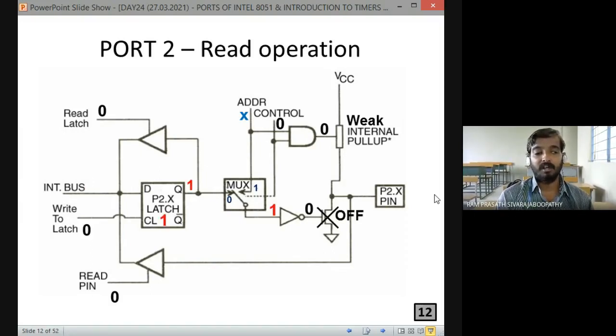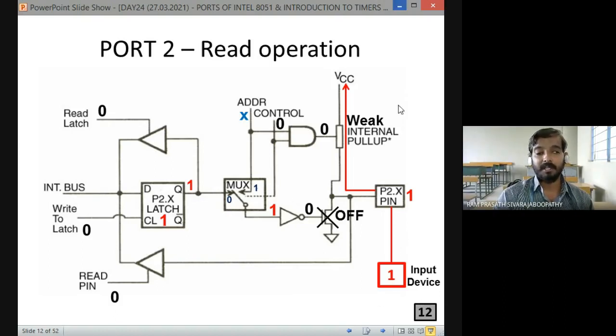So we are doing all those things. Okay. Now we are going to connect the input device, which is also providing logic 1. When we are reading this particular pin, which signal will get automatically enabled? Out of the 3 signals, read latch, write to latch, read pin, which signal will get enabled?